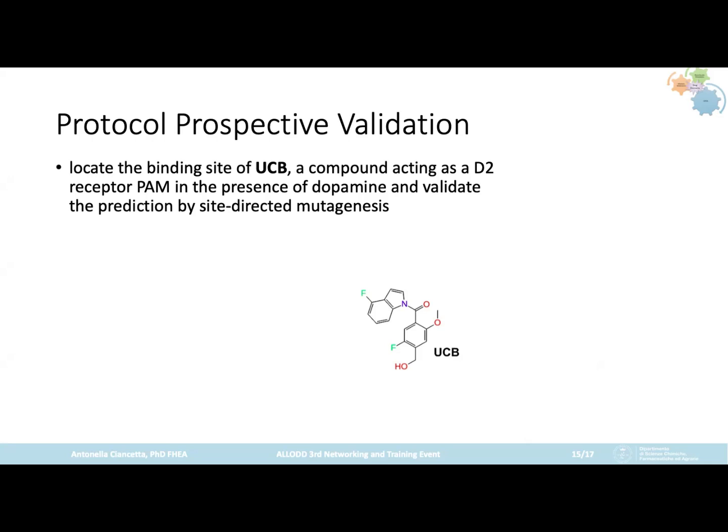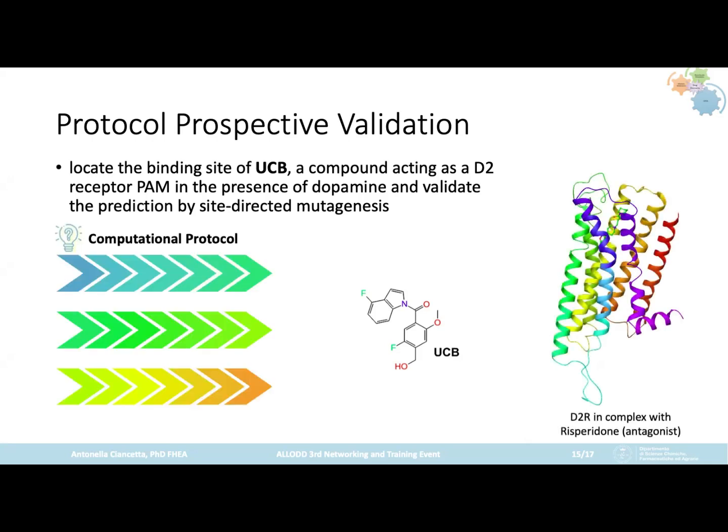This was a challenging case study because the only X-ray structure that was available for the D2 receptor at the time was of the receptor in active state in complex with an antagonist, but not the perfect starting point for that type of simulation.